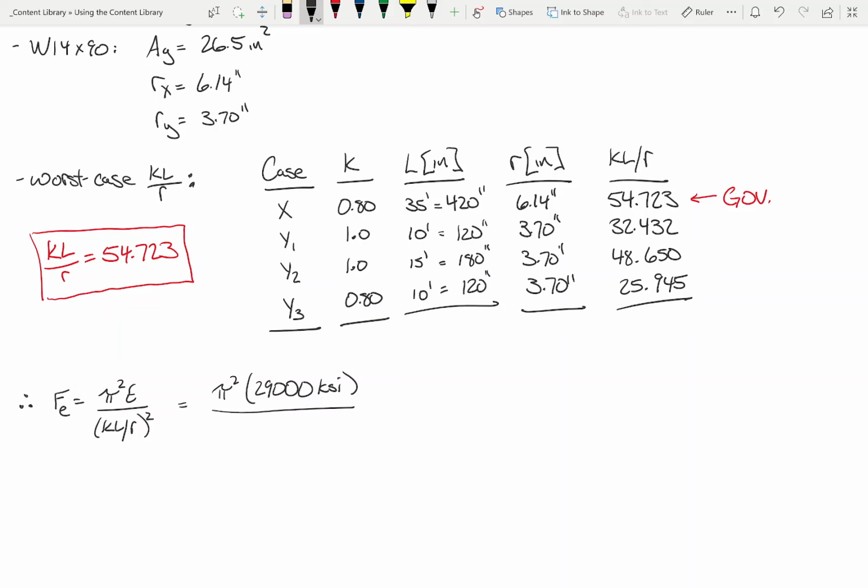So if that's the case, our FN is 0.658 raised to the Fy over Fe. Remember, this fraction is an exponent to this, okay? And so this is then multiplied by Fy. Let me lower this just a tad.